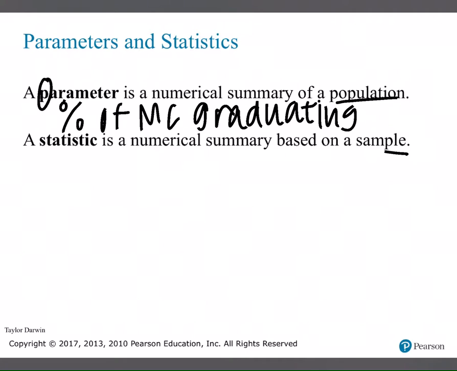And then for the sample, a statistic is a numerical summary based on the sample. So they both start with S. And maybe our statistic is the percent of students who pass this class.